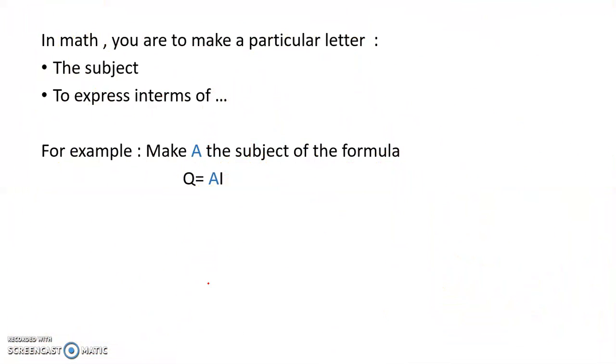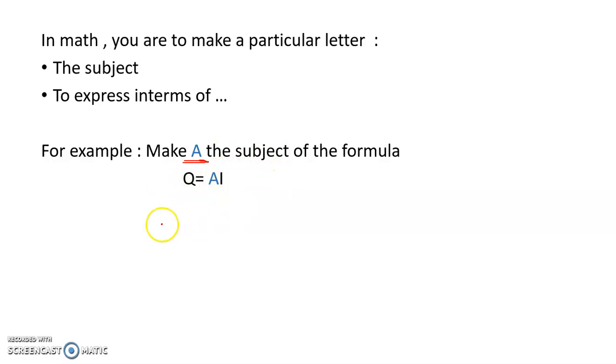Let's look at it from a mathematical aspect. In math, you are asked to make a particular letter the subject or to express it in terms of something. For example, make A the subject of the formula. So the main focus will be on the letter A, and you should make it the subject of the formula.